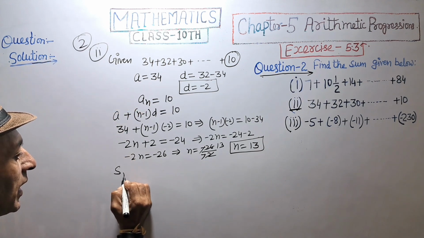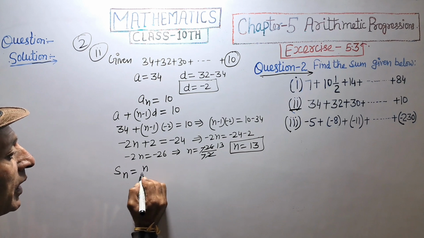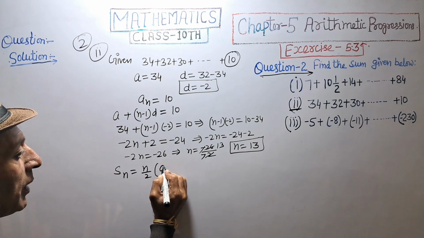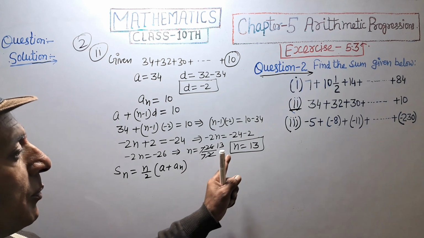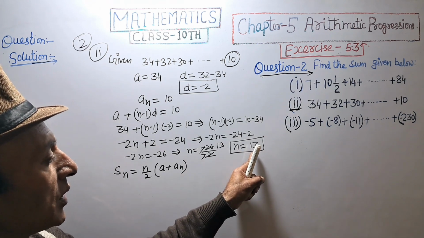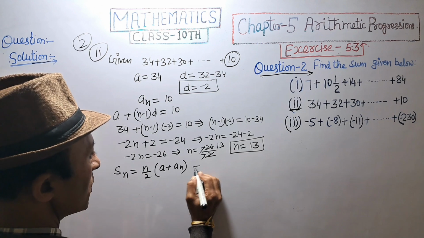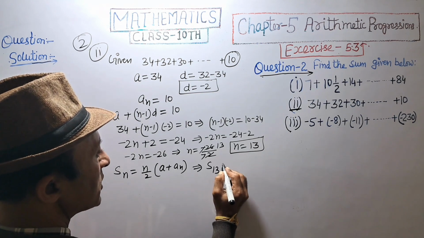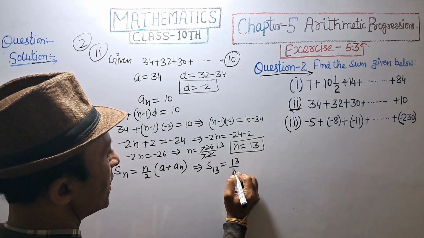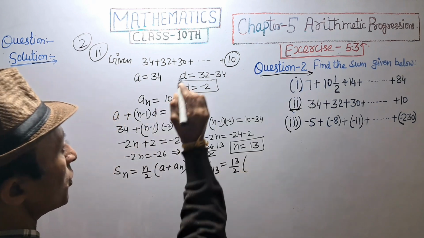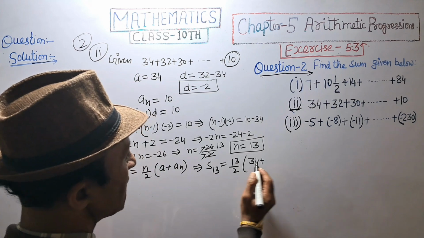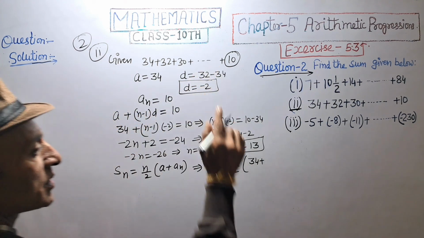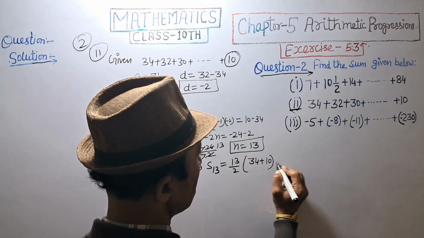And Sn is equal to n upon 2 times a plus an, and we have n is equal to 13. So S13 is equal to 13 divided by 2 into a, which is 34, plus an, the last term, that is 10.